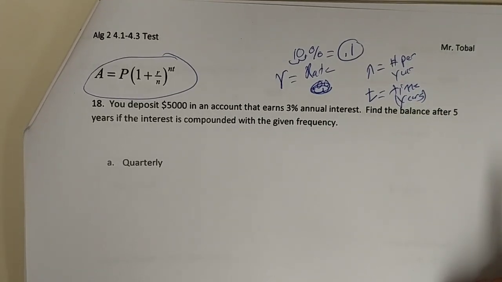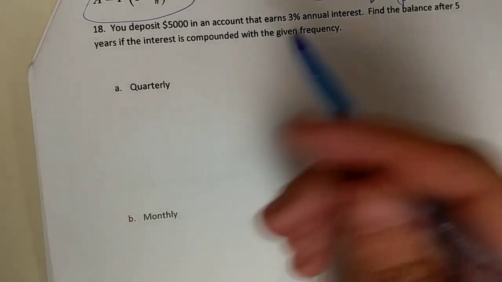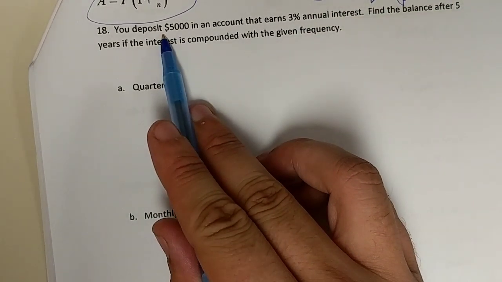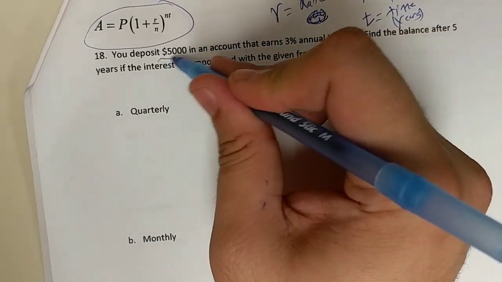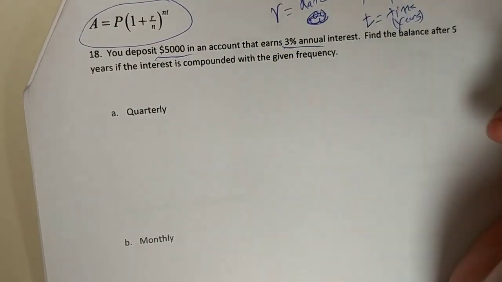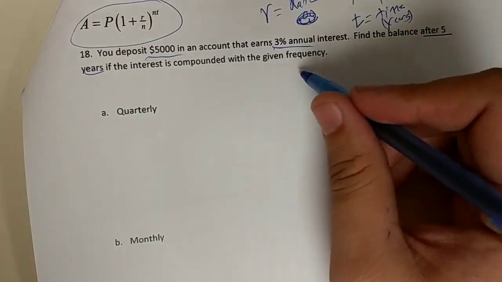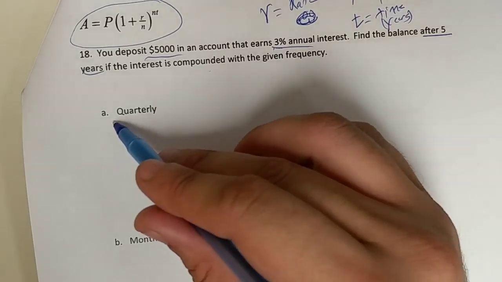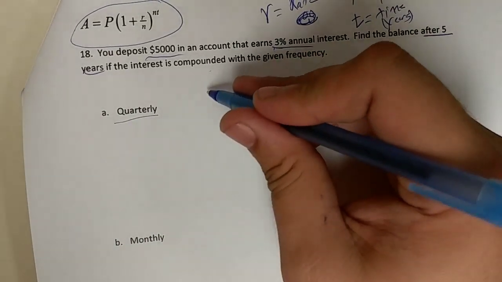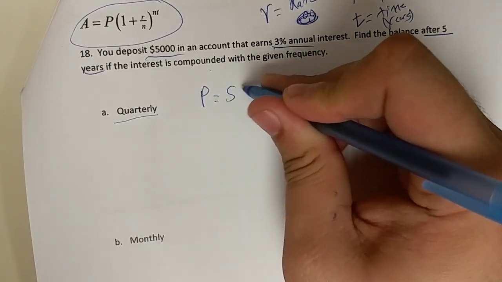So let's do this quarterly. So you deposit $5,000 and it earns 3% annual interest for 5 years, and then it's compounded, in this case, quarterly. So principal is what I put in, which is 5,000.